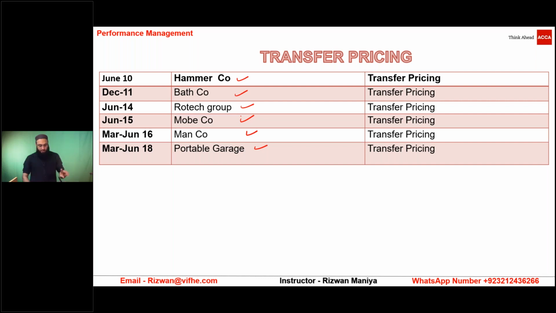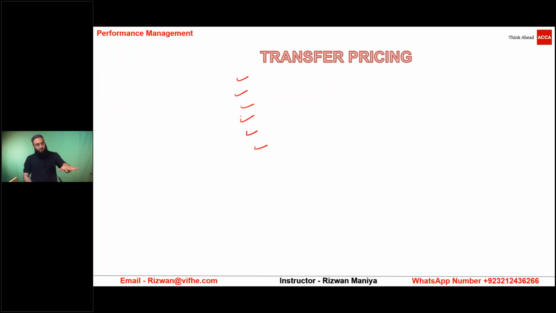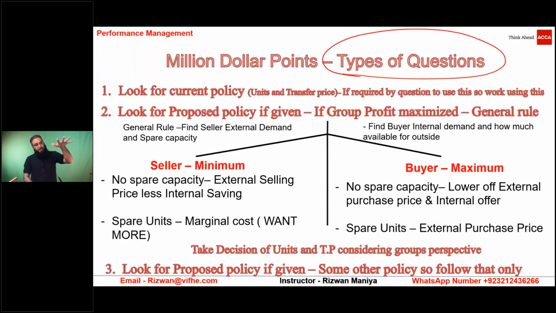These 6 times have been tested in 3 types: type 1, 2, 3. And if you understand these, you can solve questions of transfer price.